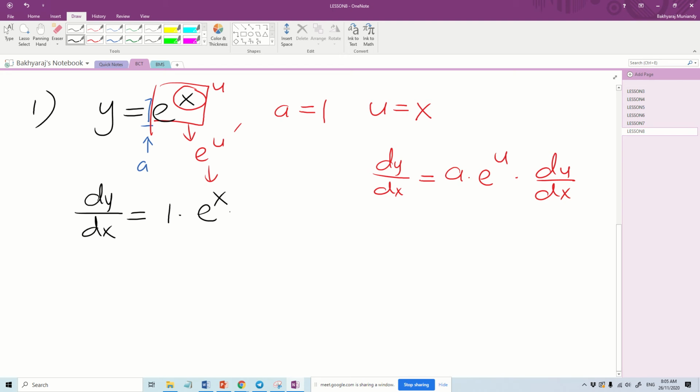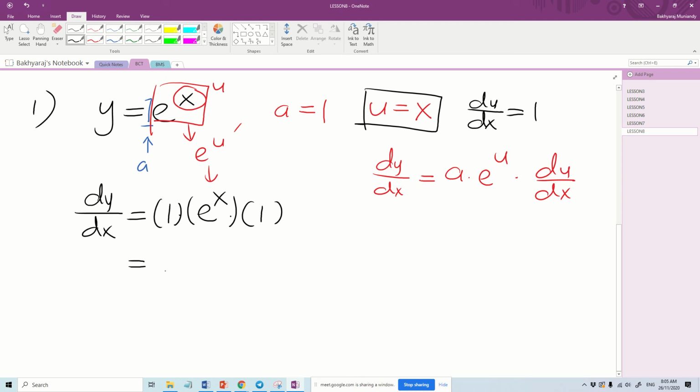What is our du/dx? I need to differentiate this, and differentiating gives du/dx equal to 1. So I get 1, and my last answer will be exponent x.